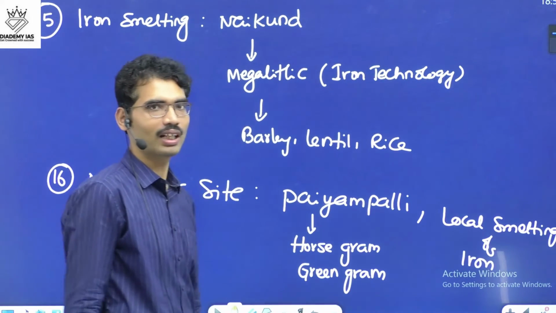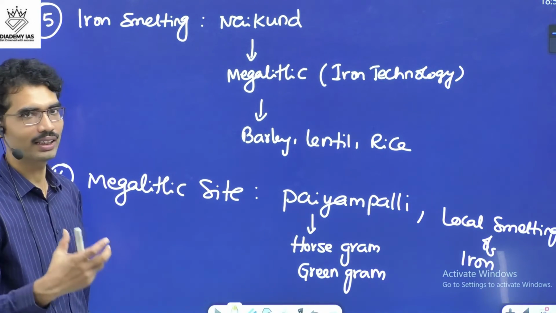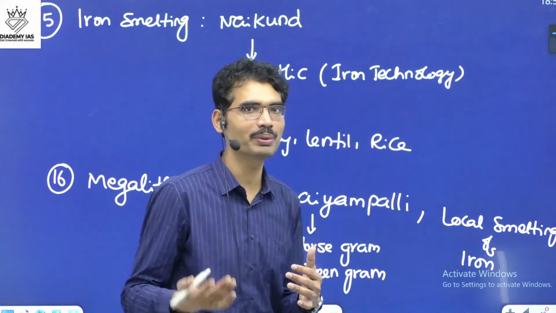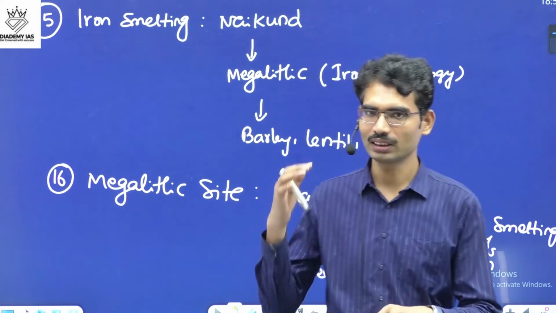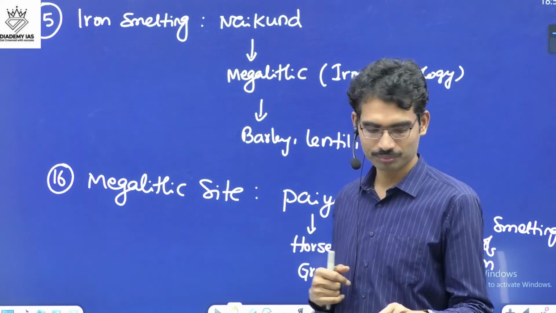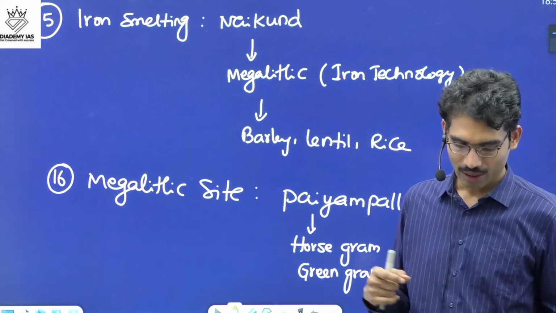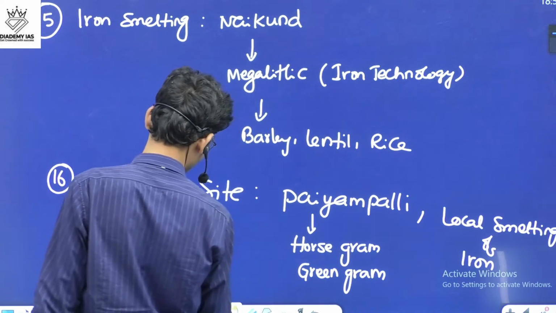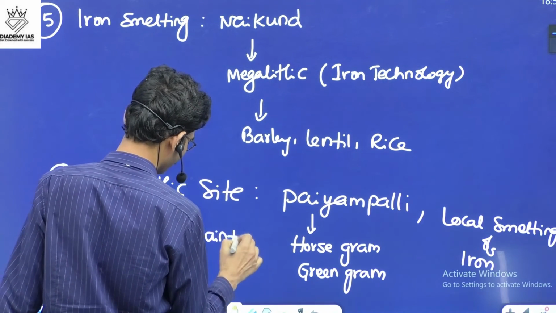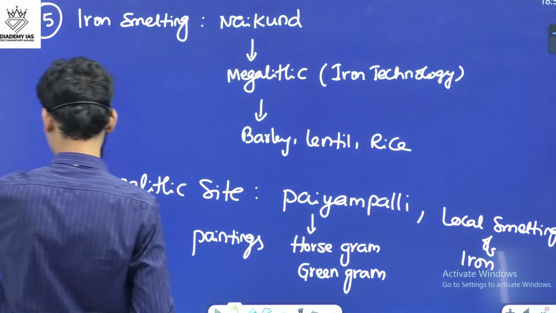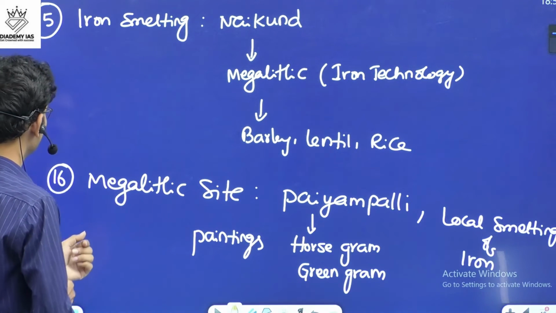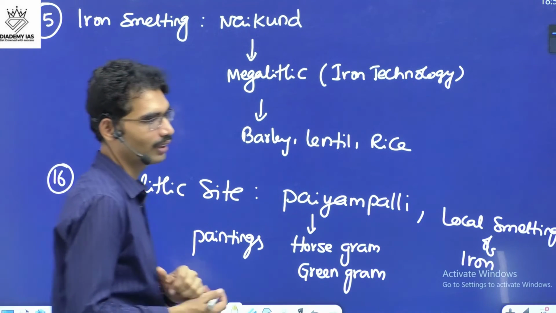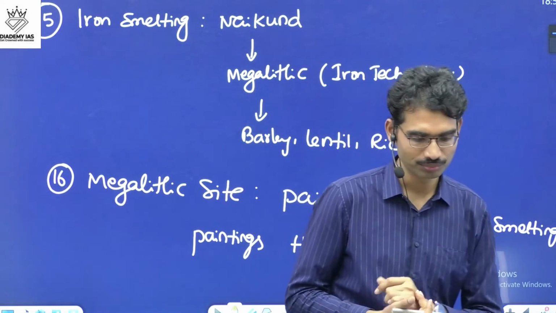Megalithic is known for iron technology because the megalithic age started after 1000 BC. By 1000 BC, iron technology also came. Even we got the evidence of paintings also in this location. So this is about the megalithic site in Tamil Nadu.